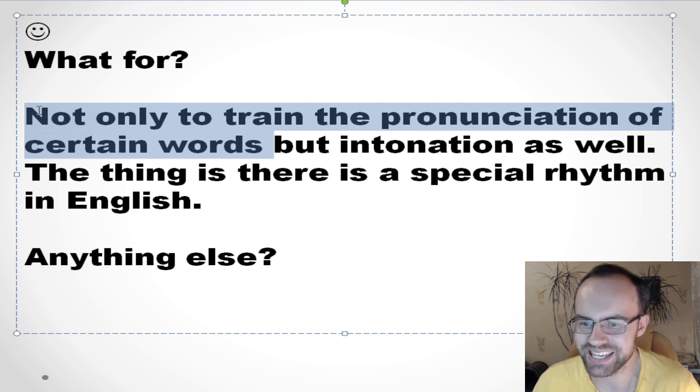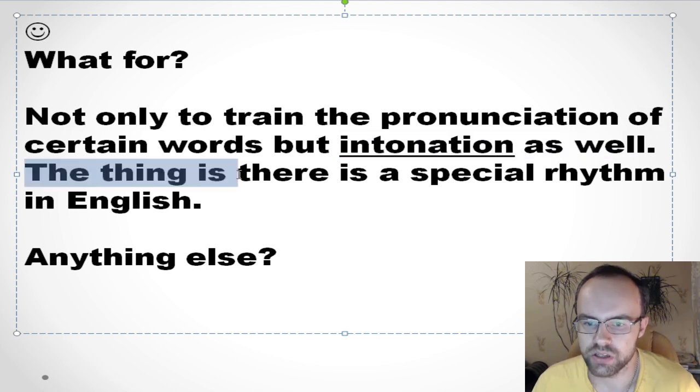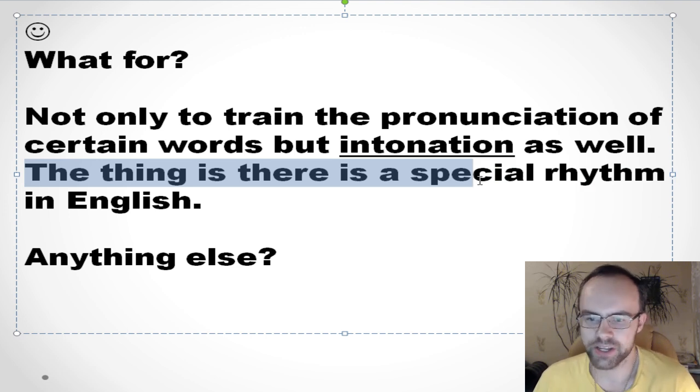But intonation as well. You need to focus on intonation. If you don't focus on intonation, you speak very monotonously and unnaturally. The thing is, there is a special rhythm in English.